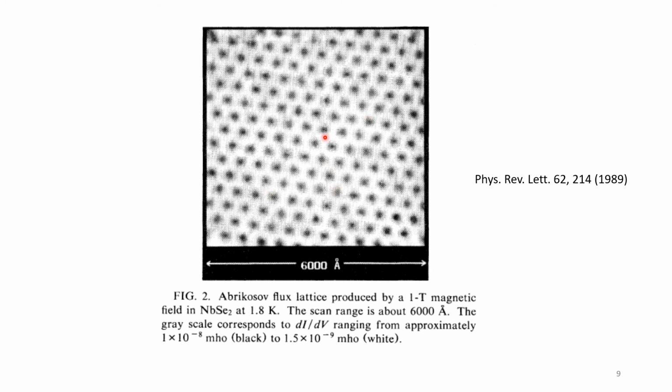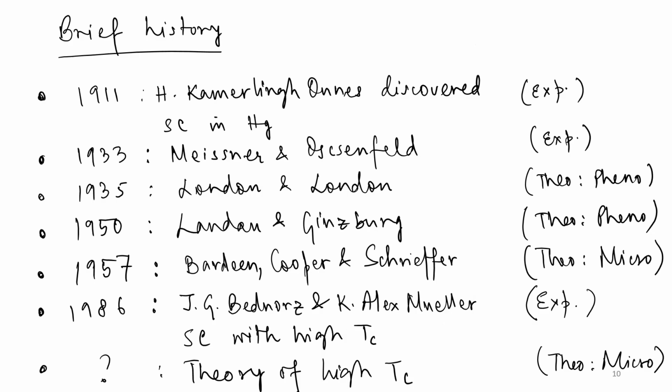And here you see very nicely how this has broken up into tiny islands, where in some regions there are and some regions there aren't, meaning it's a mixture of superconductor and normal metal. And not only that, you see how nicely this has formed a triangular lattice, the regions which have become normal. Okay, as I was saying earlier, this is what is called an Abrikosov flux lattice.